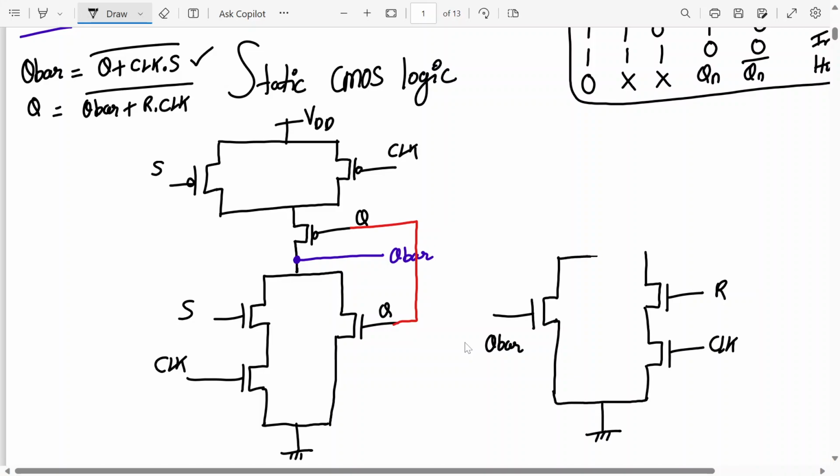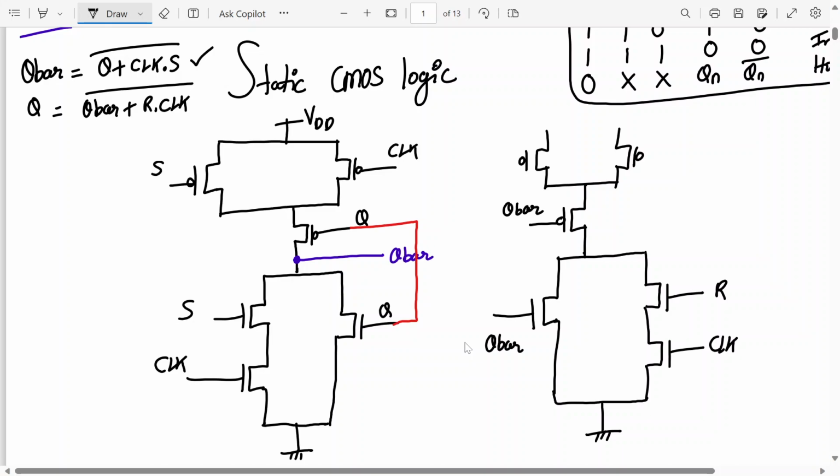In the pull-up network, R and clock will be in parallel, PMOS transistors with the input R and clock. And then Q bar will be in series with the input Q bar.